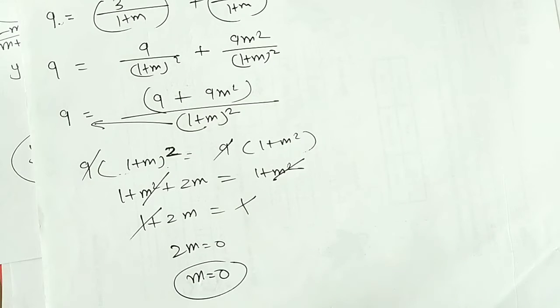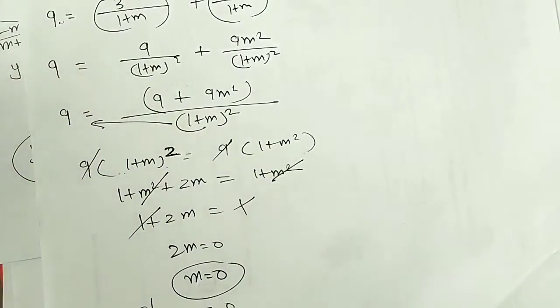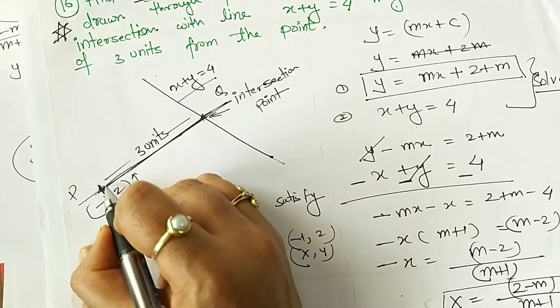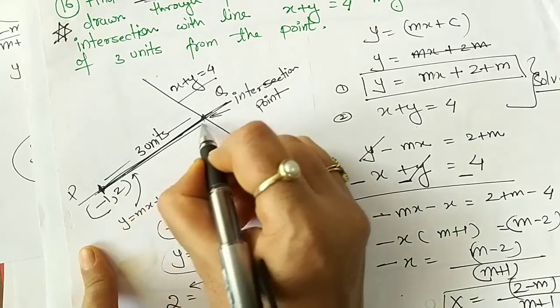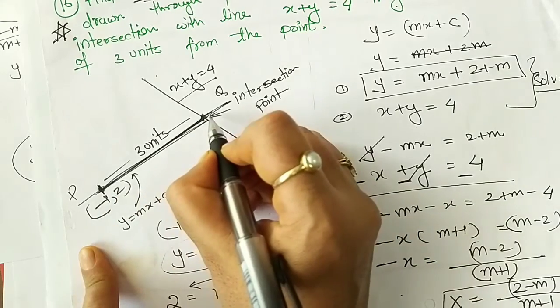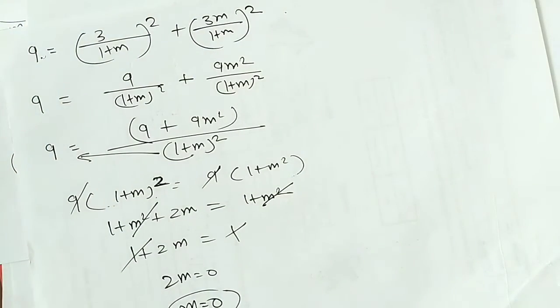What does it mean? That the slope of the line is 0. So the line that they wanted to be drawn, which has a distance of 3 from the point (-1, 2), should be drawn in such a way that the slope is 0.